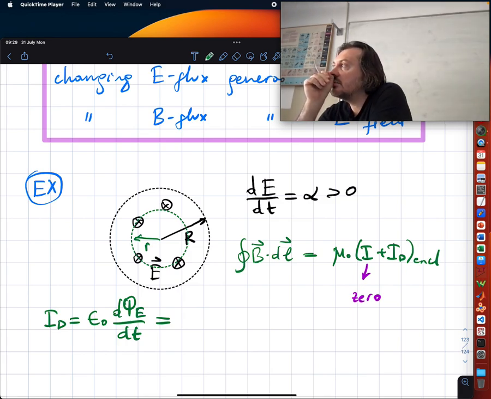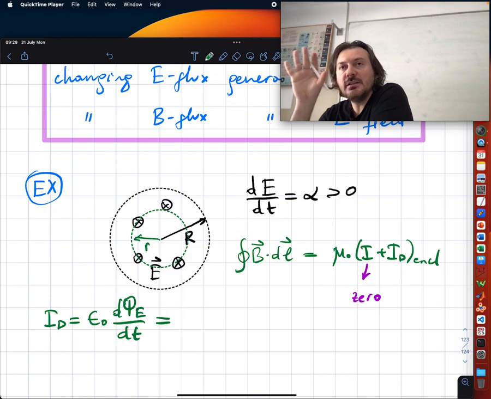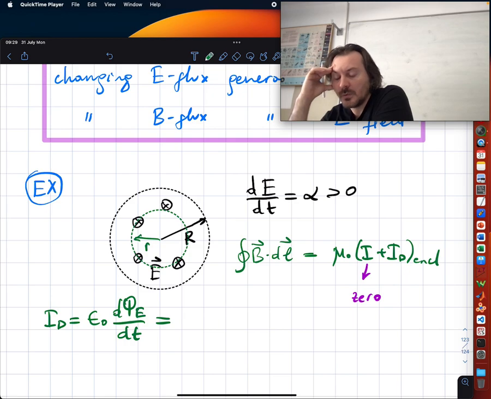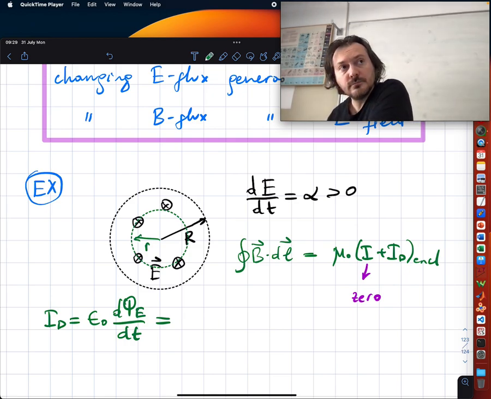You get the same thing, but j is reserved for charge flow. There's no charge flow here. It's just electric field changing. Because there is no charge flow, I is 0, right? Yes.